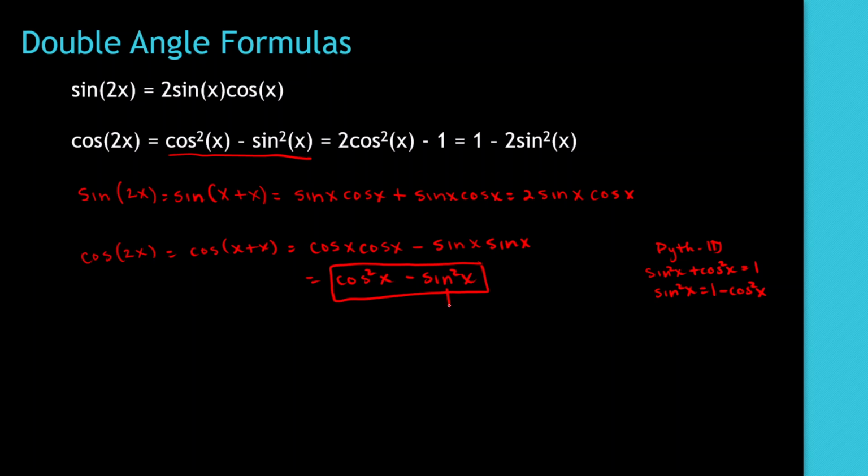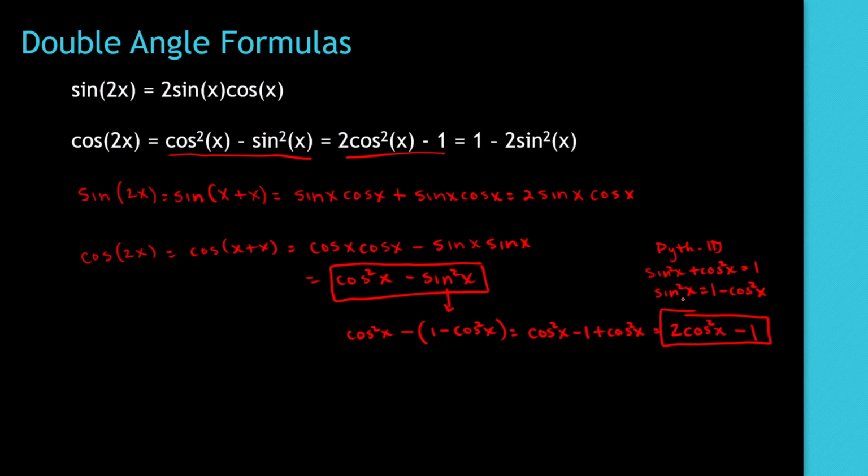So I can replace here and get cosine squared minus (1 minus cosine squared). Distributing that negative through the subtraction, I end up getting 2 cosine squared minus 1, and we get the second version.